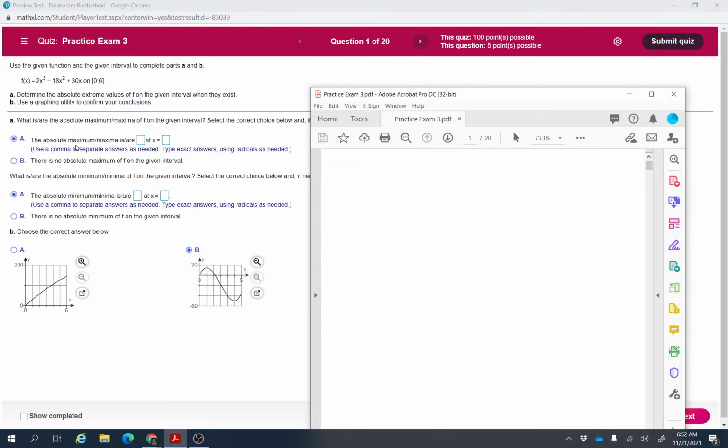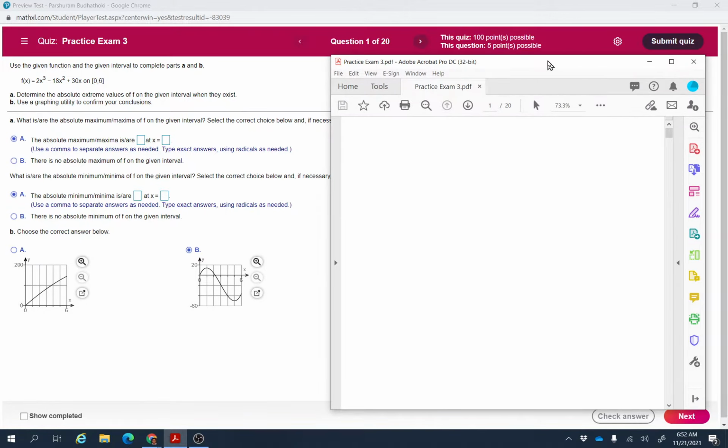The first question is: use the given function and given interval to complete these questions A and B. The function is given and we need to find the absolute extreme values of f on the given interval.